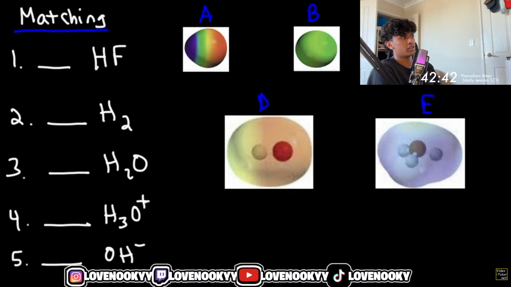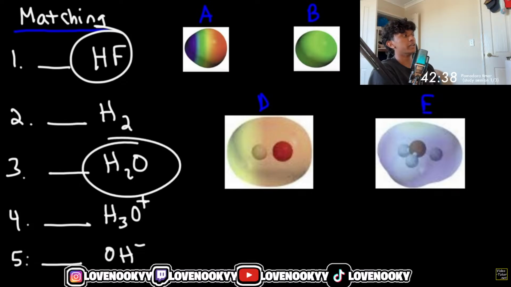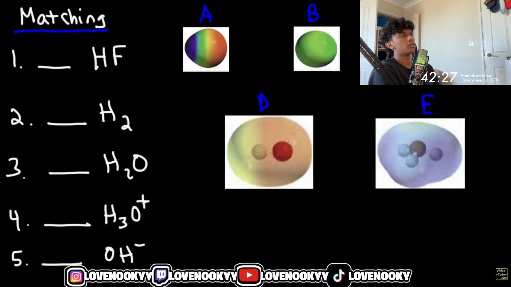So looking at the molecules that we have, we know that HF and water, H2O, are polar. When you're dealing with polar molecules, you have one side that is positive, one side that is negative. So that means you're going to have blue and red there. Hydrogen is nonpolar, which means it's neutral. So we should expect hydrogen to have the green color.